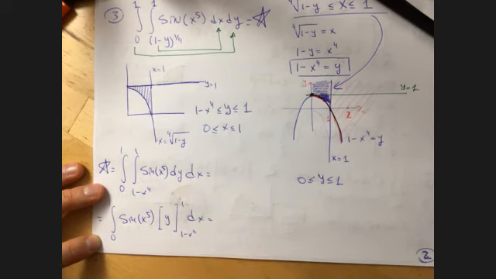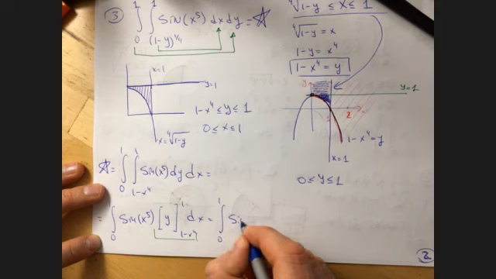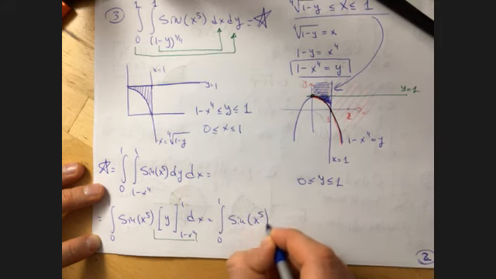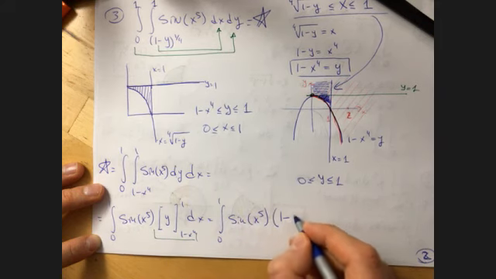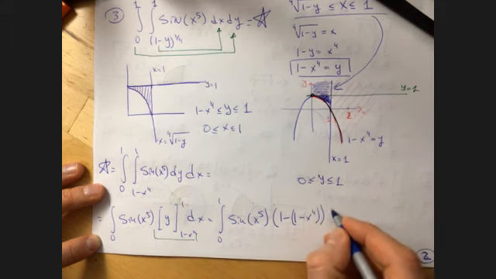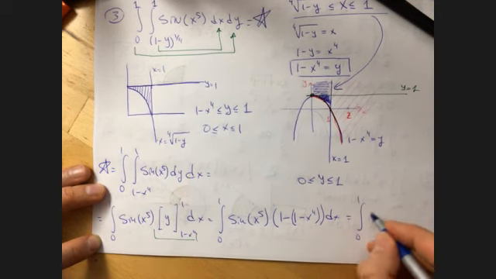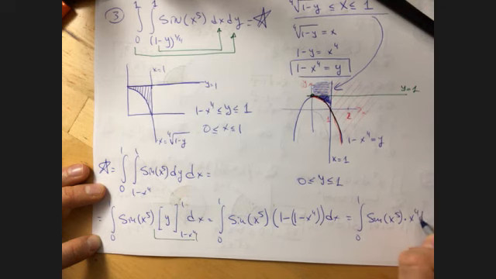Now I simplify this expression right here. Integral from 0 to 1 of sine of x to the power of 5 times 1 minus x to the power of 4 dx, and this leads me to the expression sine of x to the power of 5 times x to the power of 4 dx.